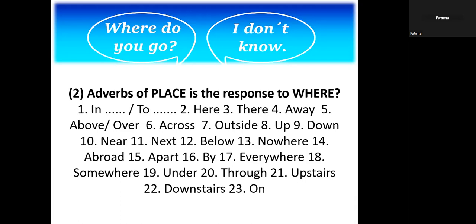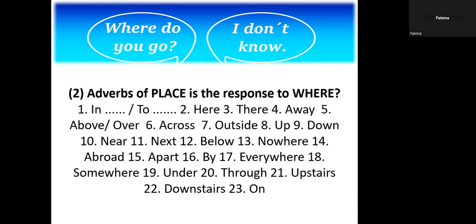Stand or stay next to Ahmed, below, nowhere, abroad, apart. These are all, as you know, adverbs. Somewhere. I will go somewhere. It is just like I will go to Istanbul. Under, through, upstairs. Go upstairs. Go downstairs. Upstairs and downstairs are adverbs.